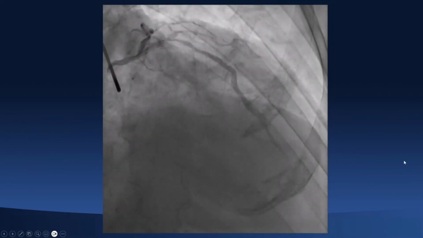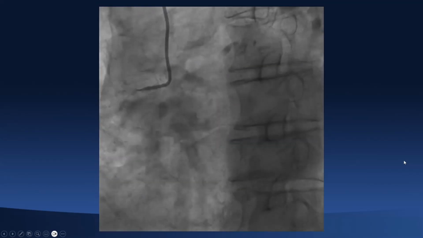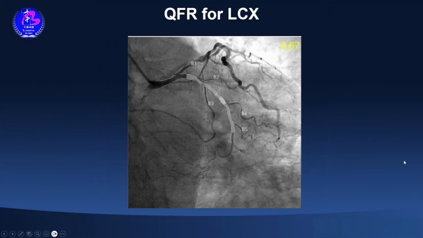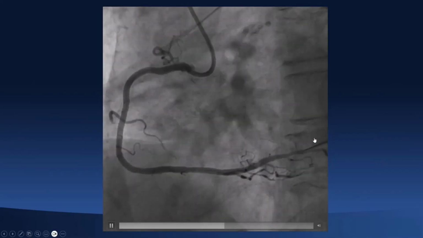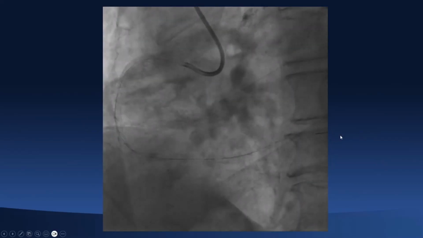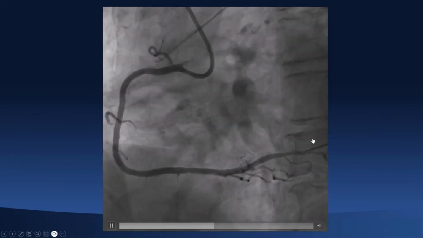Next. We implanted 4 stents in the RCA, and the final result was satisfactory. Next.